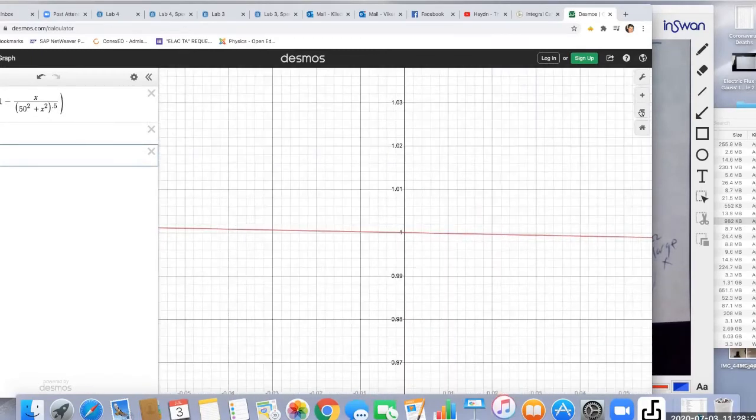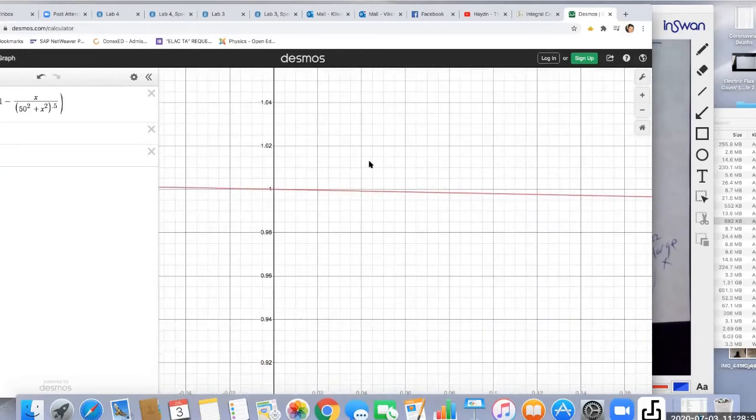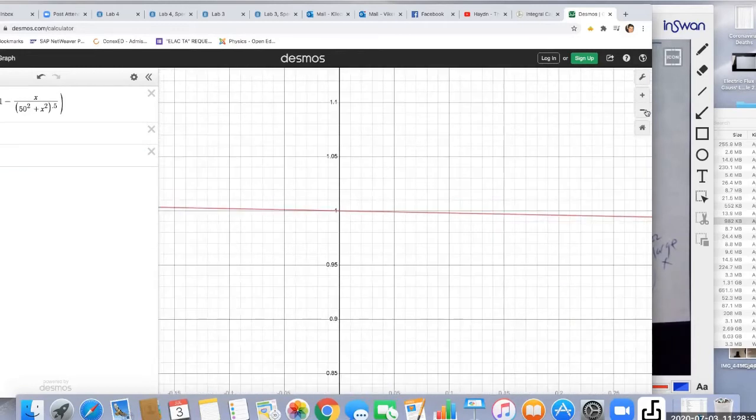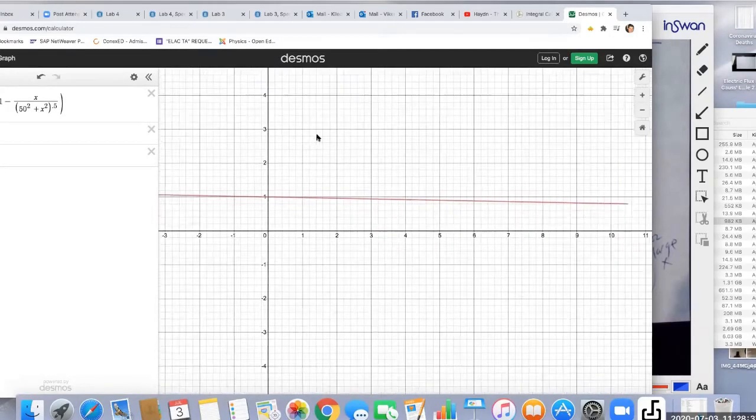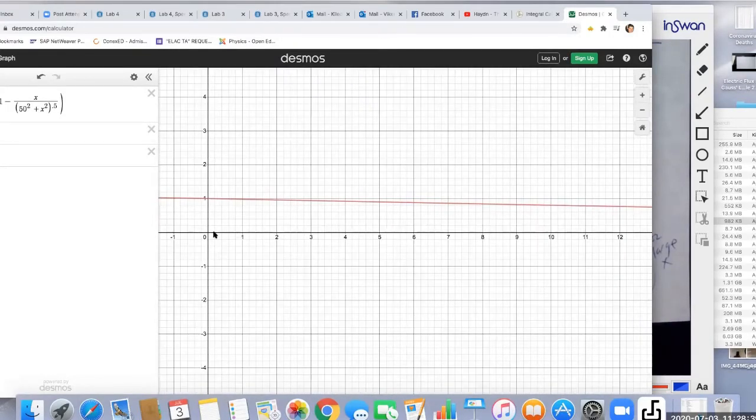Ah, there you go. Zoom out, zoom out, zoom out. For a plate that's 50 meters in radius, even if I'm 1 meter away, the electric field hasn't dropped at all. You see, it's sigma over 2 epsilon 0, sigma over 2 epsilon 0. Until about 3 meters away, then the electric field is dropping. Cool. You see that?